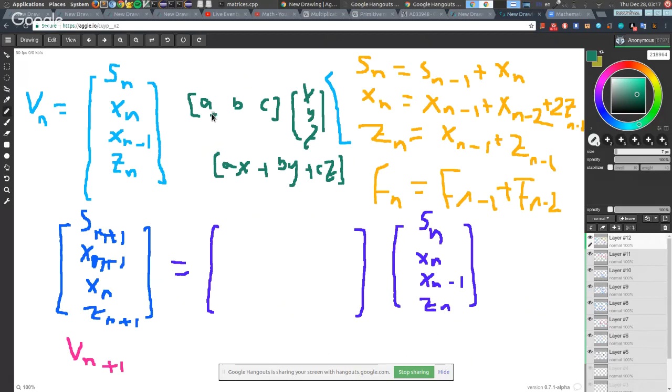We have to choose A, B, and C carefully, so we end up with the value that we want.